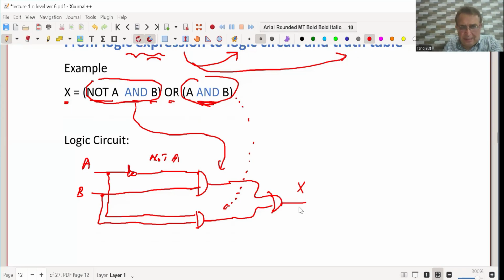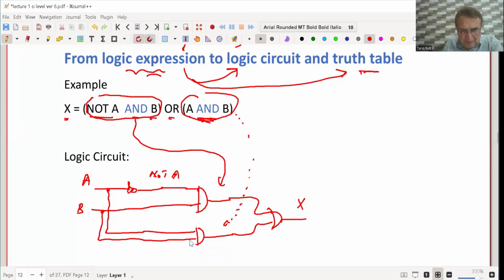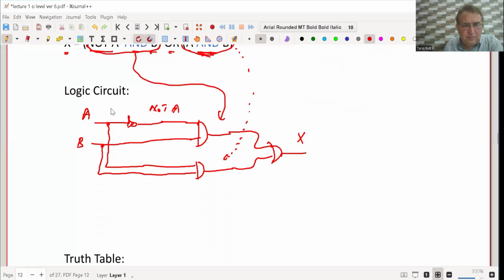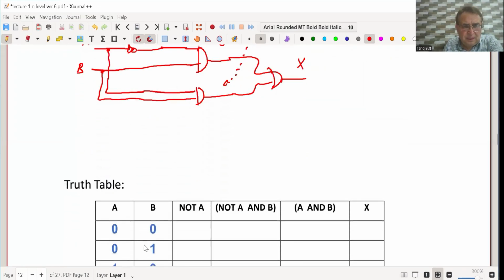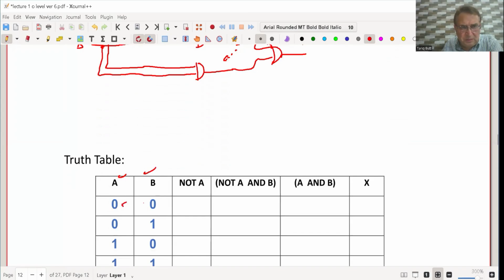Fine. And now the next thing that is asked is the truth table. You can draw the truth table from this logic circuit or from here. You had already seen how to draw the truth table from the logic expression. So quickly, the truth table for this: inputs A and B, 4 combinations, 0 0, 0 1, 1 0, 1 1.